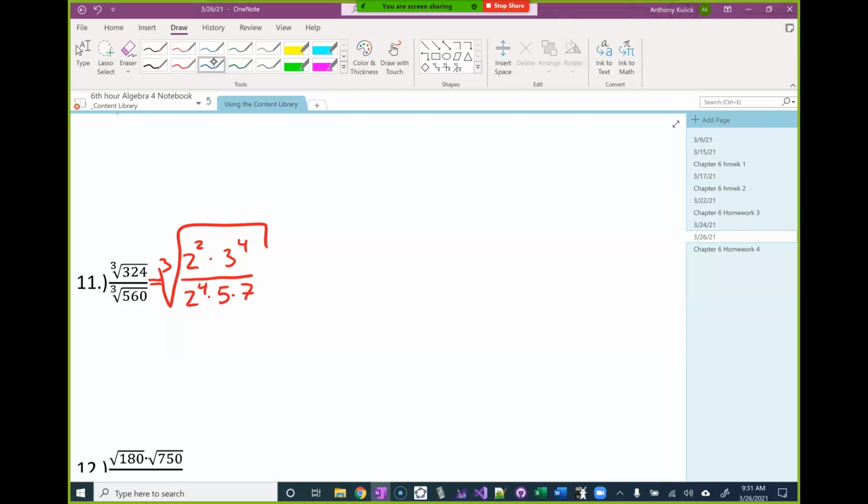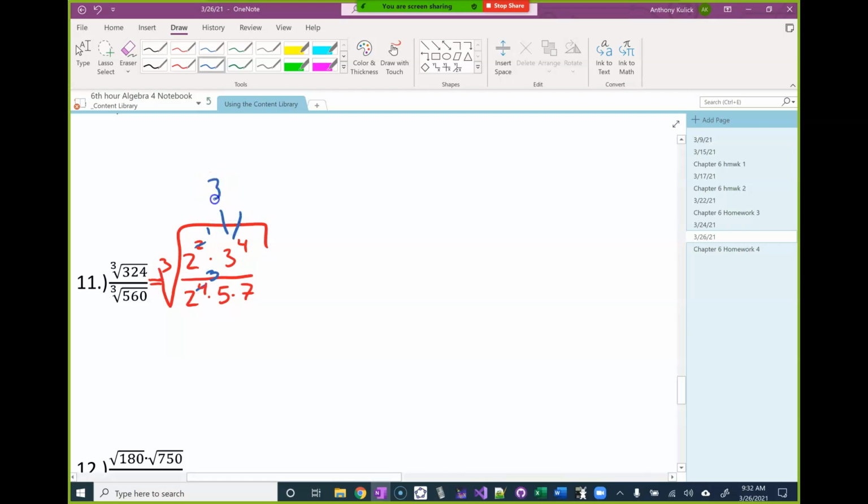So here's a place where I would say that an incomplete reducing could help me out a little bit. I'm just going to reduce one 2 from the numerator and denominator so I can have a perfect cube in the denominator. If I did all the reducing, I lose that perfect cube and would have to worry about rationalizing that denominator also. So that is the only reducing I'm going to do.